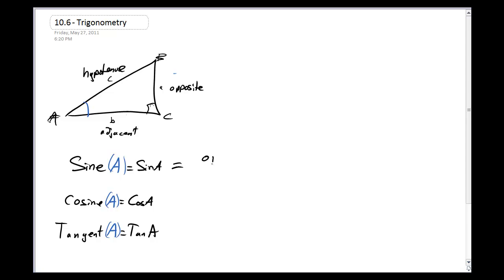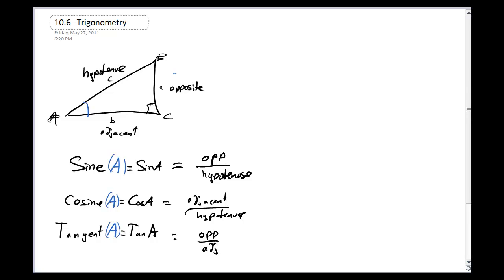I've got opposite over hypotenuse, I've got adjacent over hypotenuse, and I've got opposite over adjacent.